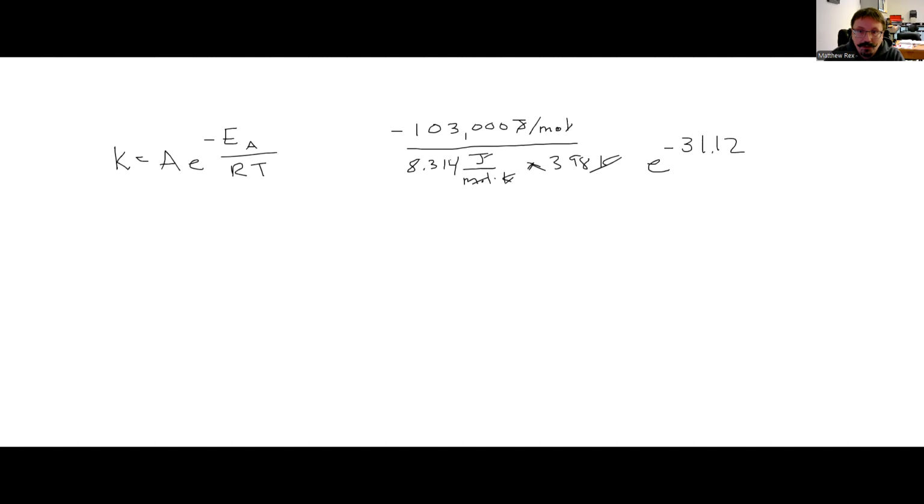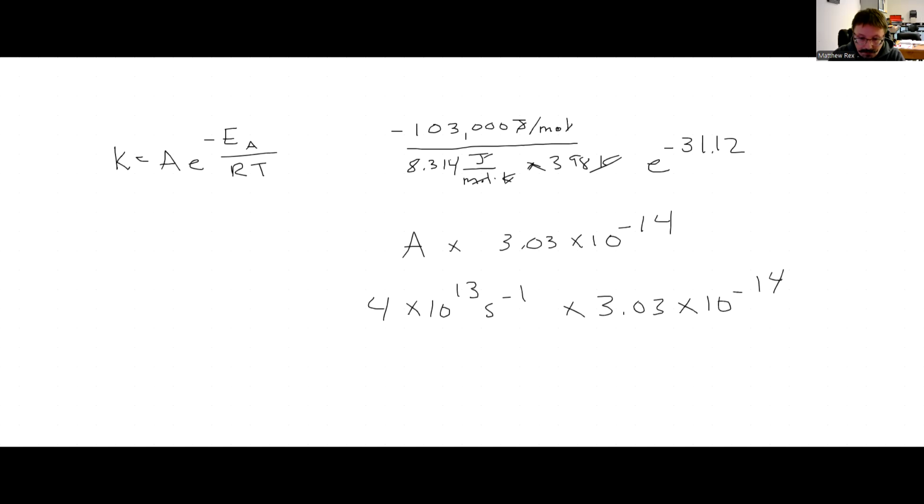If I plug that into the calculator, I get 3.03 times 10 to the negative 14, and I'm going to multiply my frequency factor A by that. That was 4 times 10 to the 13 reciprocal seconds. When I do this, I should get 1.21, or answer A.